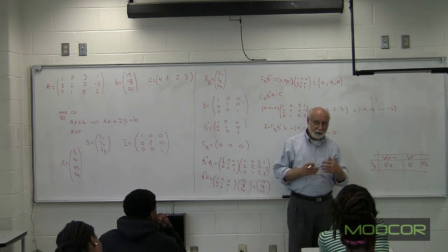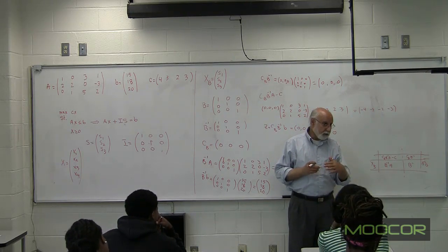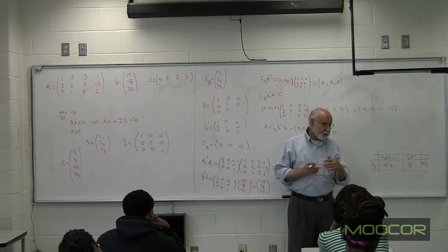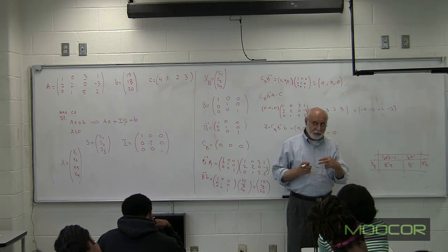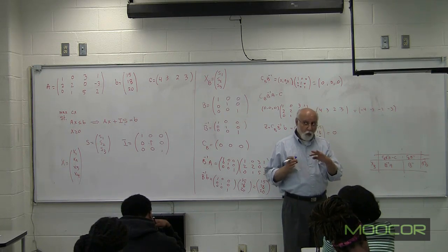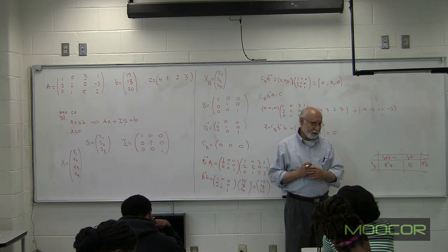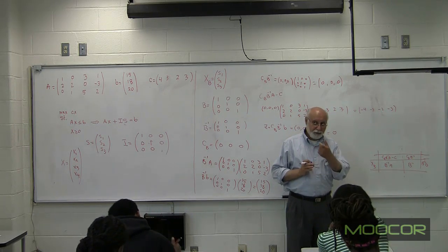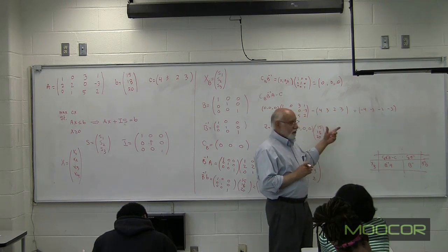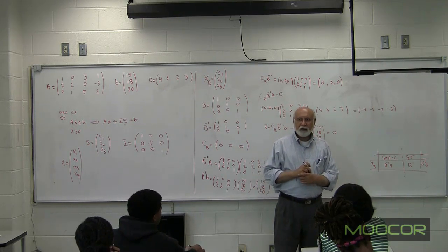You need to say it like this: it's not optimal because there are negative numbers in the CB B inverse A minus C or CB B inverse. If you just say one part of it, you're incorrect. You have to say both of them. Because of that, this is not optimal.